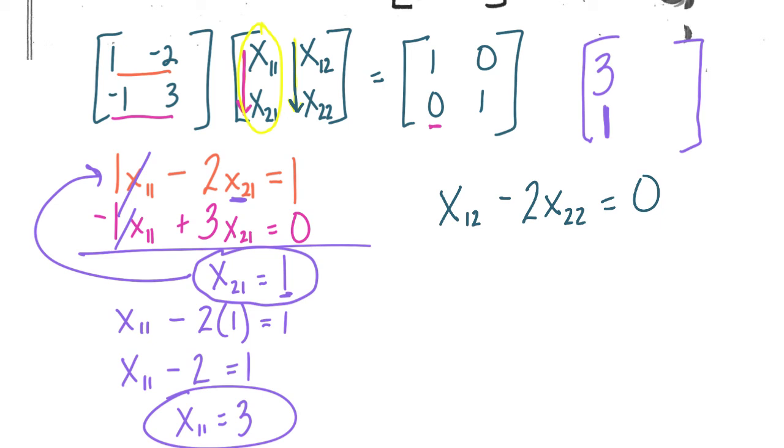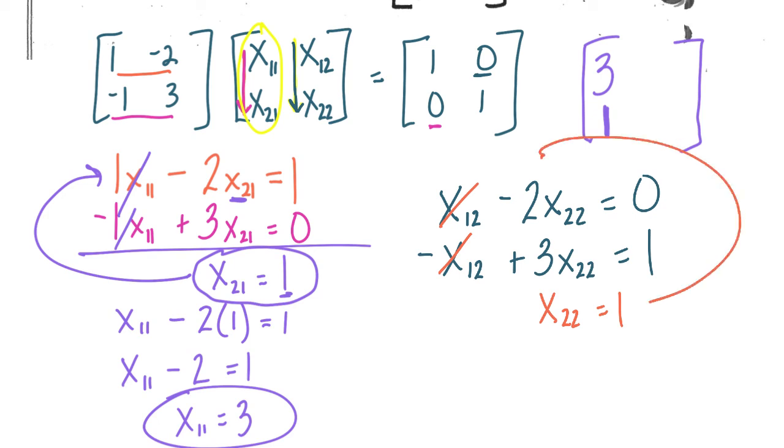That's here, 0. And then I have negative x sub 1, 2 plus 3 times x sub 2, 2 is equal to 1. And just like before, I can cancel out, and I get x sub 22 is equal to 1. And I can plug it all back in right there.